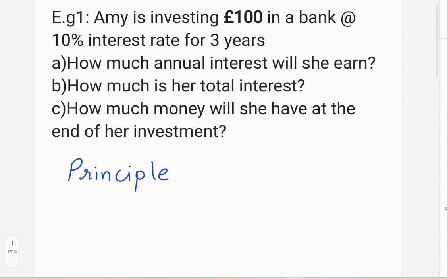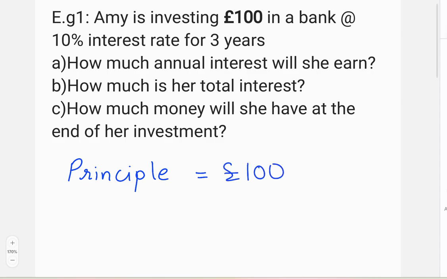When you're borrowing, you'll have to pay some interest on that money. So principal is the actual amount that you are investing or borrowing. And in this question, the principal is 100.